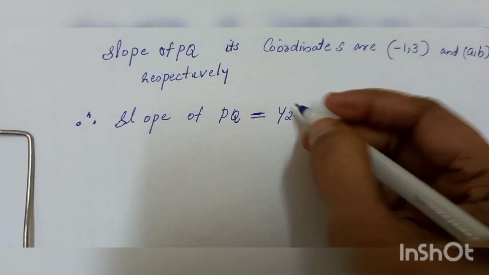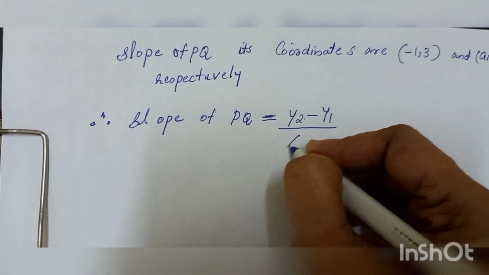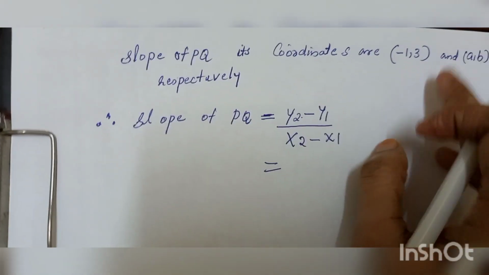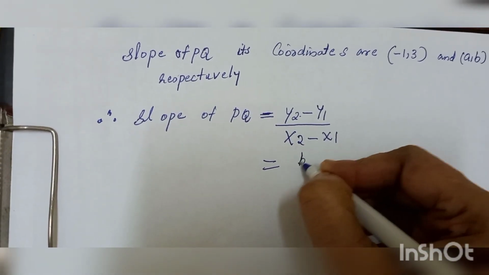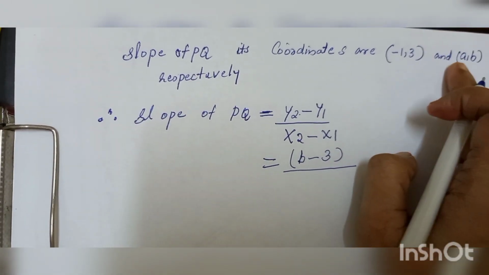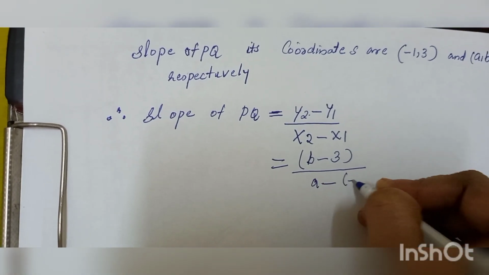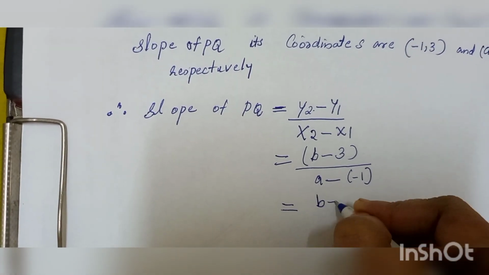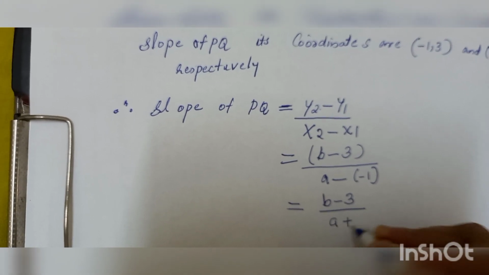Therefore, the slope of PQ is equal to y2 minus y1 whole divided by x2 minus x1. y2 is b minus 3, divided by a minus -1, so we get b minus 3 divided by a plus 1.